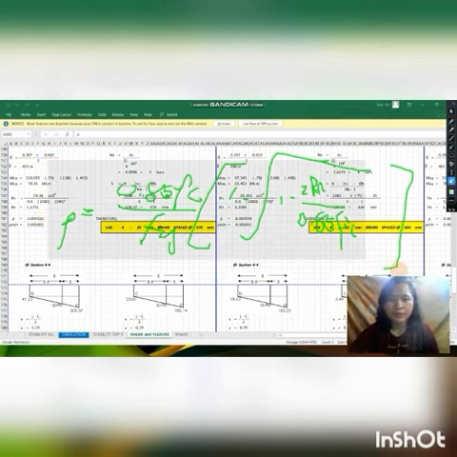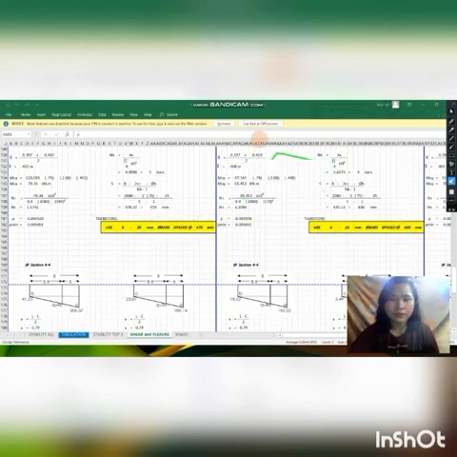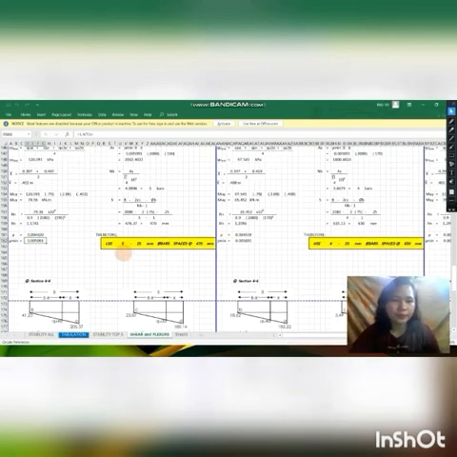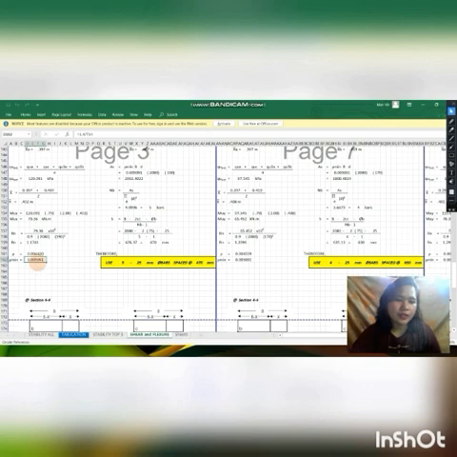We will erase this one first. So for our rho min, we have the formula of 1.4 all over Fy. Fy is 275, so we will arrive at the answer of 0.005091. Comparing these values, we will use the larger value, which is rho min, 0.00509.